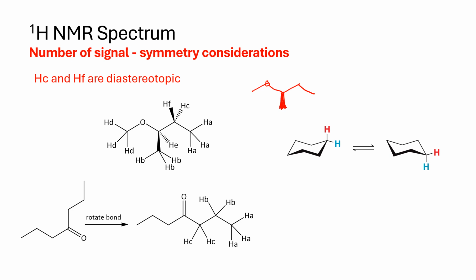Notice here you have simply drawn the H's. But what is important is that we have a chiral center here. So the two H's produce a pair of diastereomers. So therefore, these two are diastereotopic, and they count them as different signals.